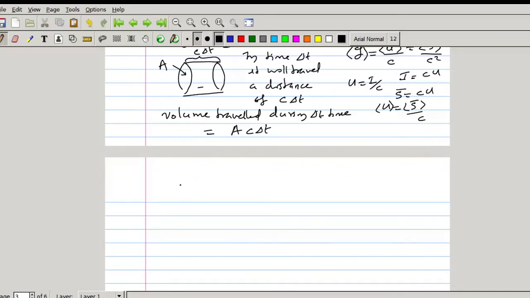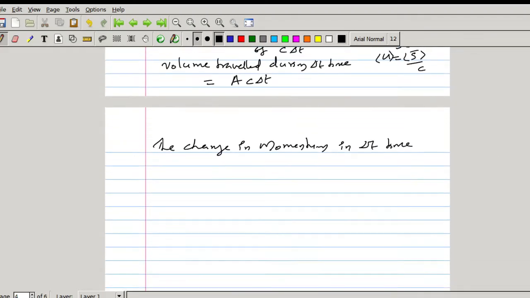We have the momentum density. I am calculating the change in momentum in delta t time.